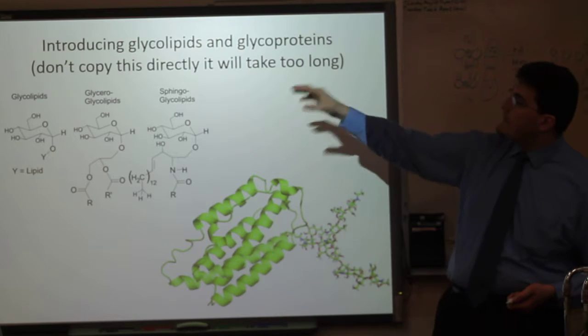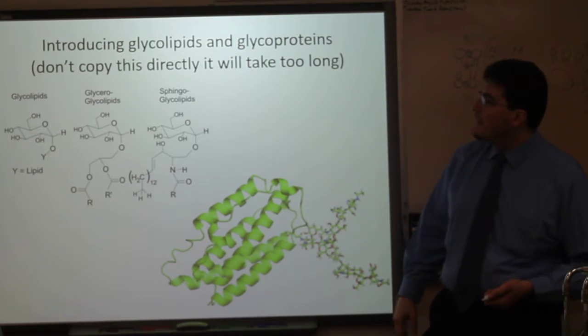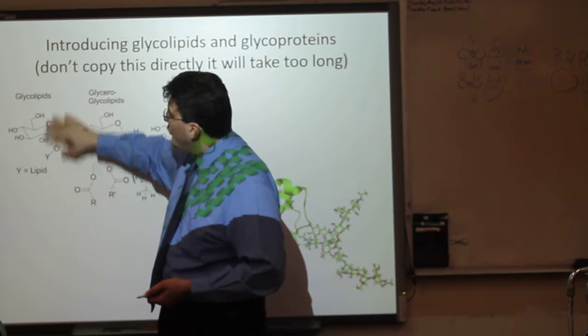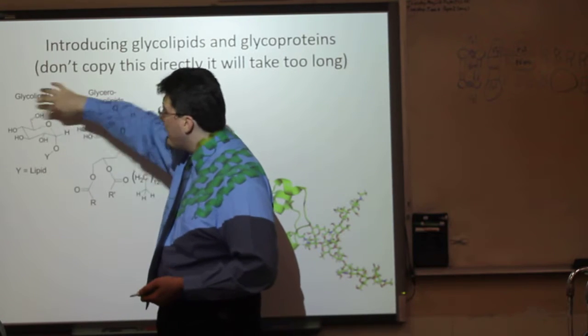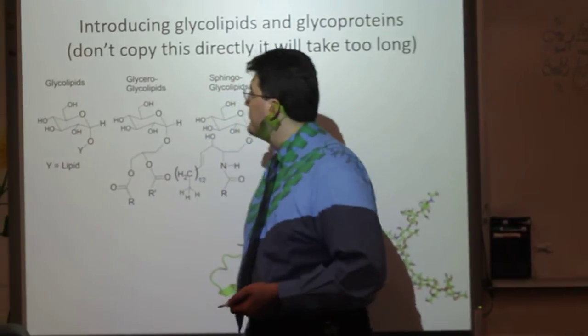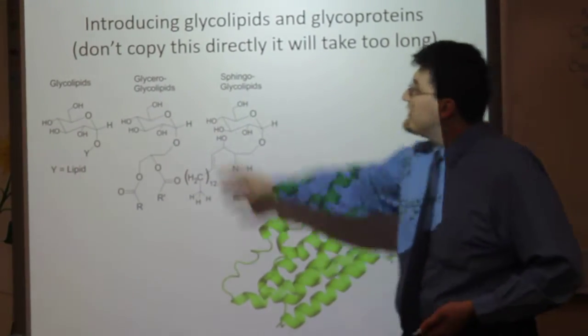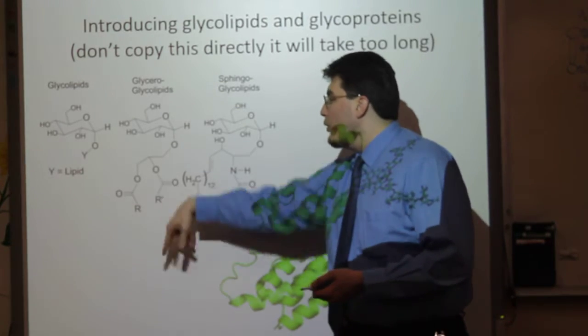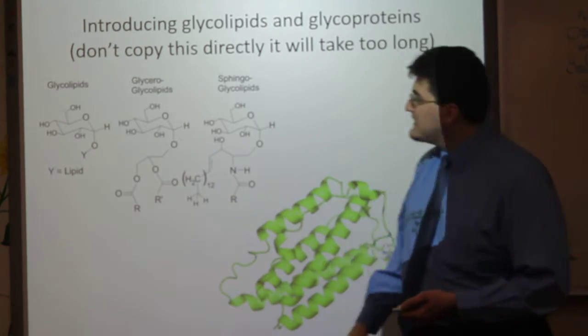So glycolipids and glycoproteins, you have a lipid down here with a glycolipid, that's your glyco, that's your carbohydrate right there, attached to a lipid. You can have a glyceroglycolipid, where you have a carbohydrate with two fatty acid tails.